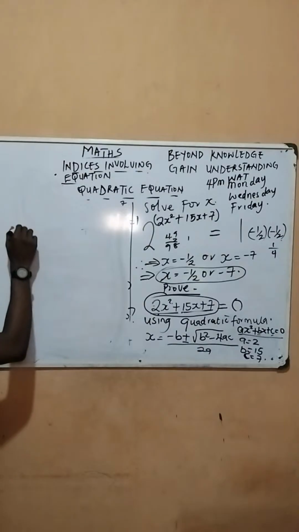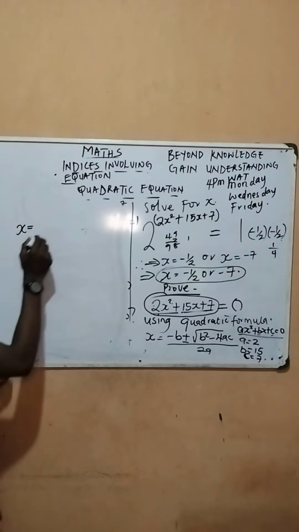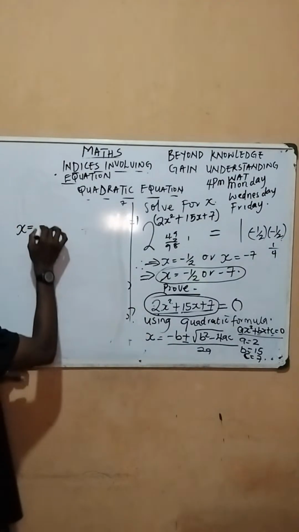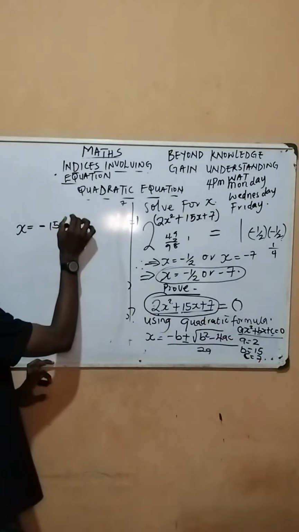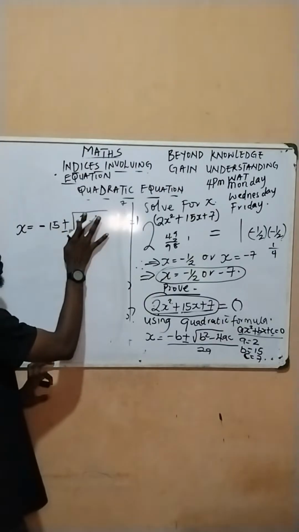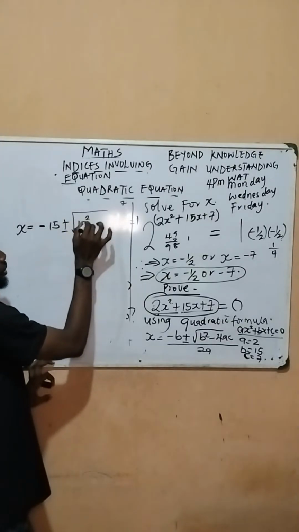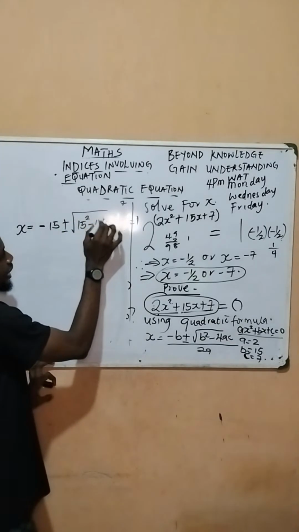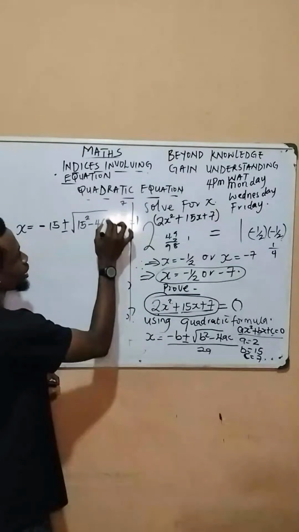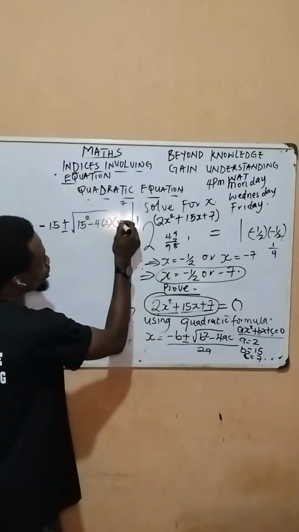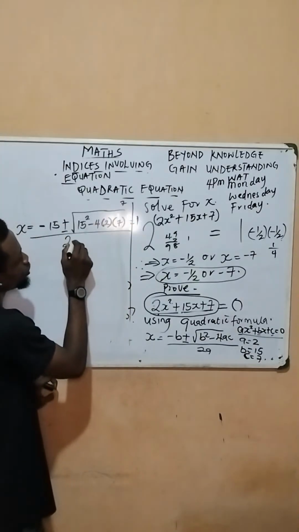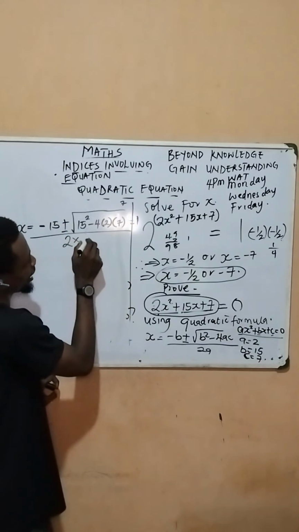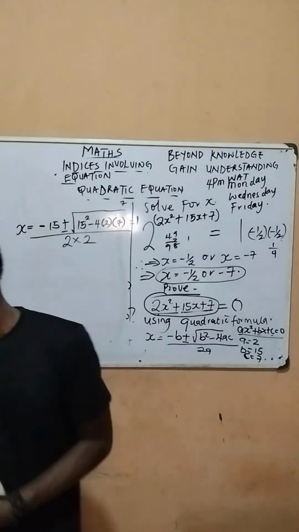So our x will now be equal to negative 15, because our b is 15, plus or minus the square root of b squared, which is 15 squared, minus 4 multiplied by a, which is 2, and multiplied by c, which is 7. Then everything all over 2a. 2a is the same as 2 multiplied by the value of a, and our a is equal to 2. So this is what we have here.